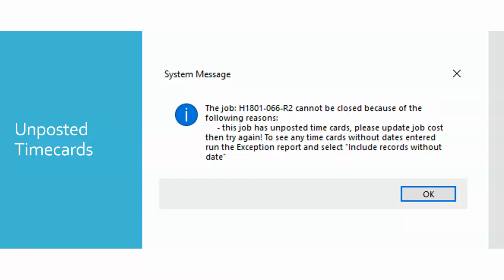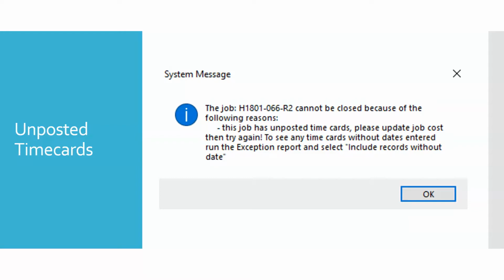The unposted timecards notification means that the update job cost function has not been completed. Without processing the update job cost function, these costs are not being placed against the job. If these costs are not placed against the job, then the WIP process and the revenue recognition will not be as accurate.